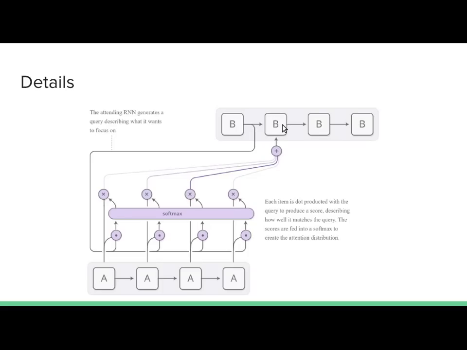So we continue decoding, and this whole thing of getting back to the encoder and going back to the decoder to get the next time step value as an input here.